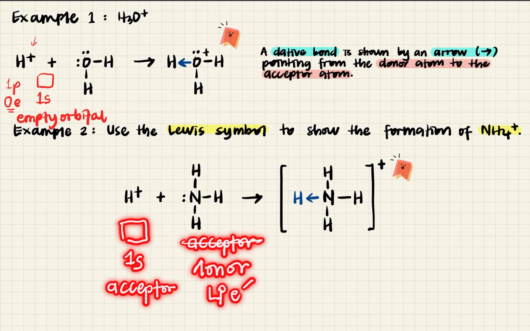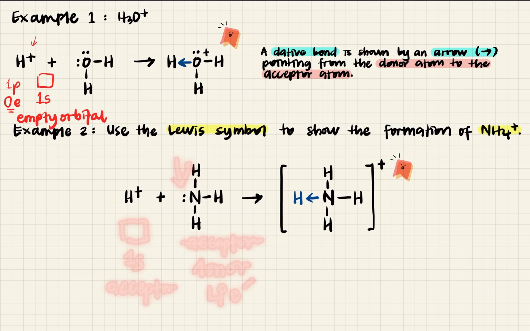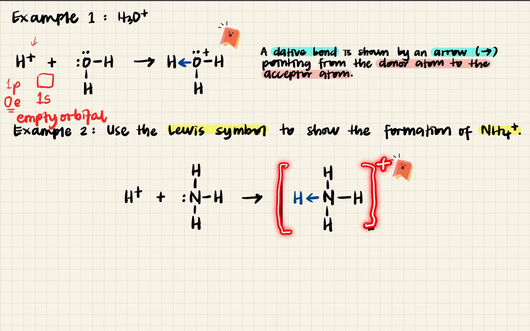Okay. Right here. So what will happen is that you will just draw the arrow showing the formation of the dative bond from our donor to the acceptor. Okay. But they are still sharing their electrons. Okay. So since nitrogen has donated its electrons, this whole molecule will have a plus charge.